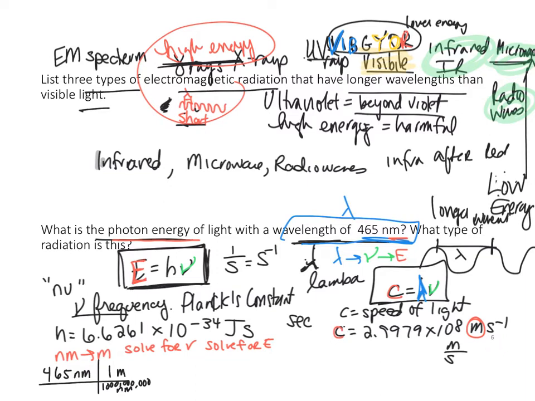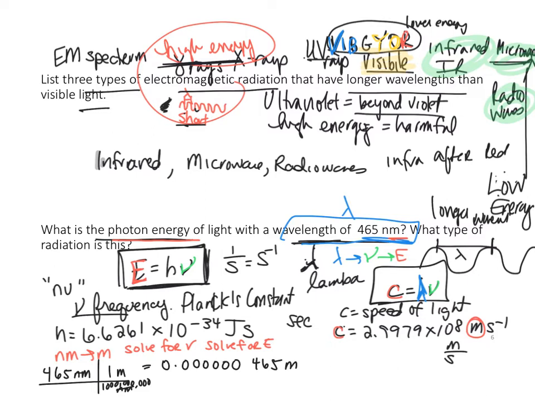So we're going to take 465 divided by 1, and then we count 9 zeros: 1, 2, 3, 4, 5, 6, 7, 8, 9. So this gives me 0.000000465 meter.